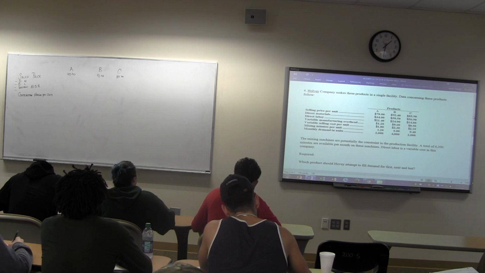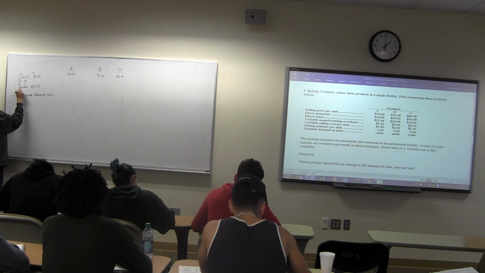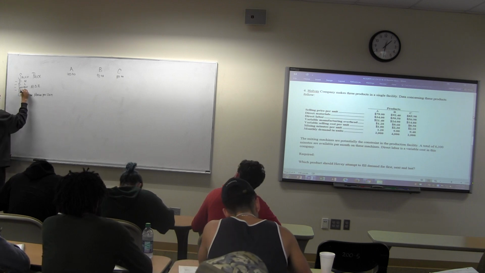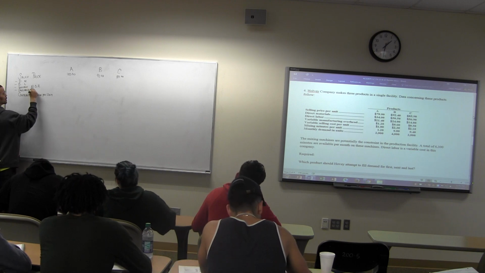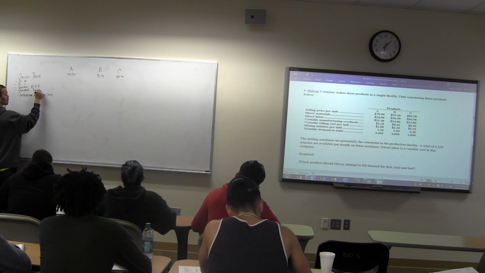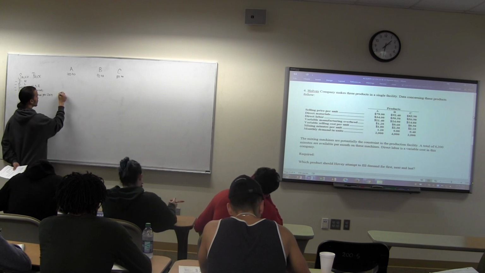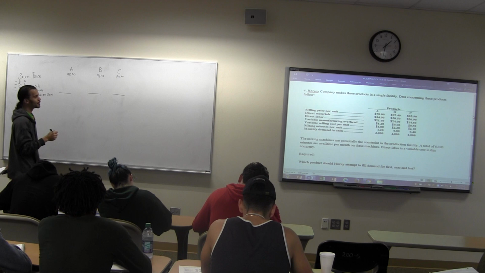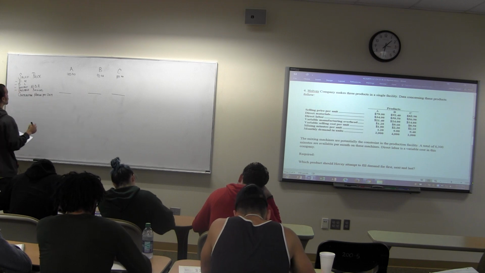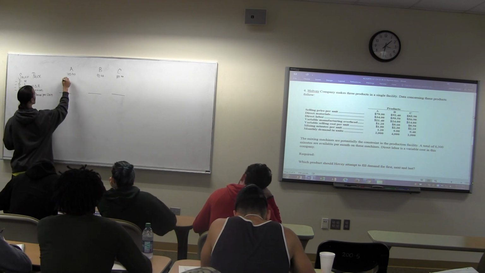Okay. And variable selling costs, correct? These are all our variable costs. You take away those things that vary with the product, we get a contribution margin. Who can give me the contribution margin per unit for each of these units?